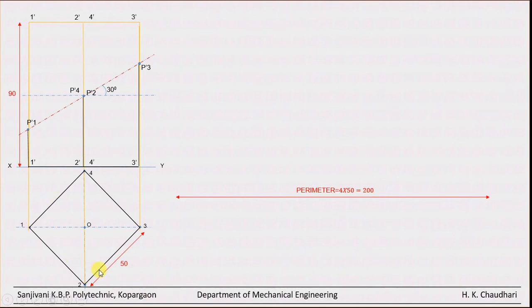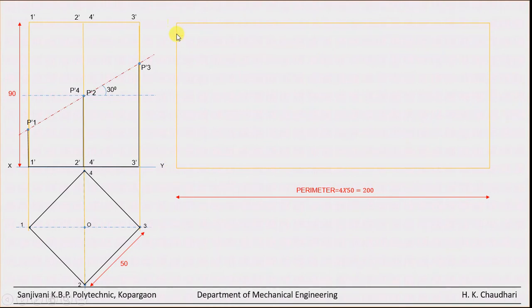So there are 4 vertical faces. So 4 edges. So 4 multiplied by 50 equal to 200. 200 mm will be the length of our development. Clear? Now just trace this rectangle whose dimensions are equal to 200 mm in length and again 90 mm in height.